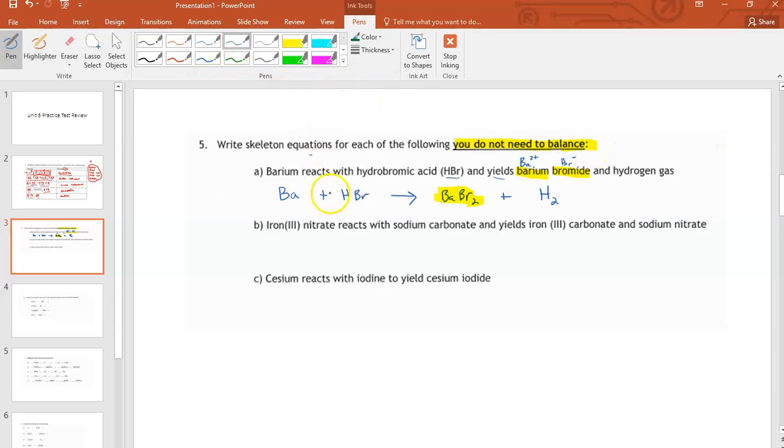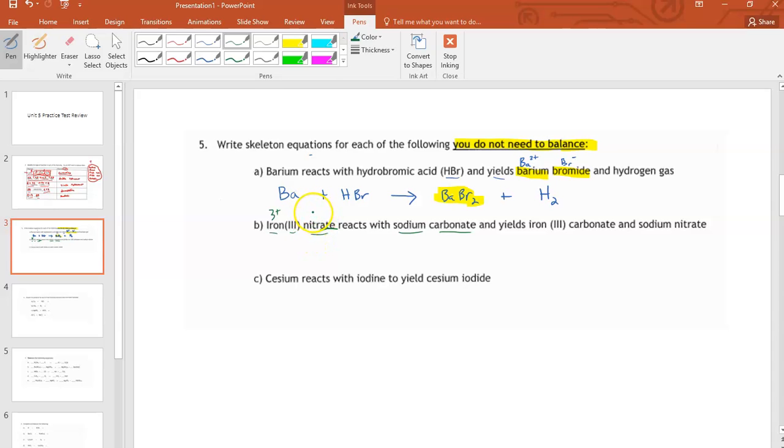All right, next one. We have iron 3 nitrate reacts with sodium carbonate. Okay, now this little 3 right here means that this is a +3 ion. And nitrate, that ATE at the end, tells me that it's one of my polyatomic ions, right?